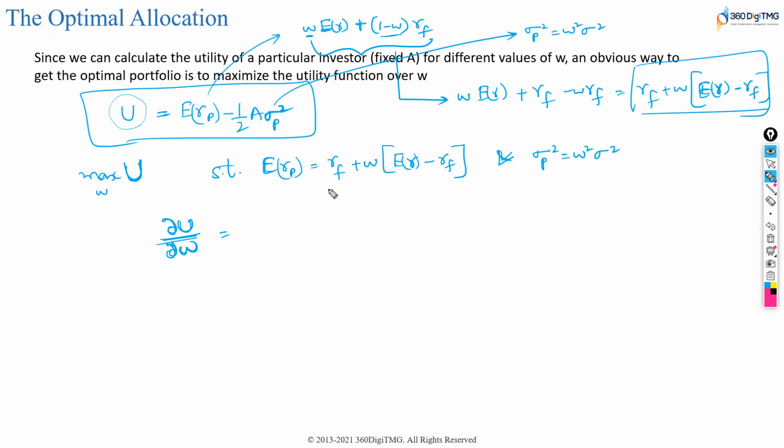So in this scenario, derivative of this utility function, or my bad, sorry, derivative of this function, wherein this is so much, sigma p is so much.